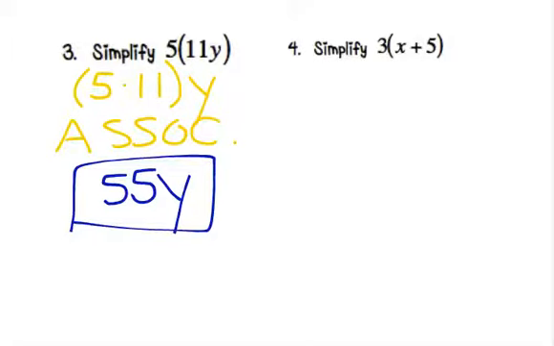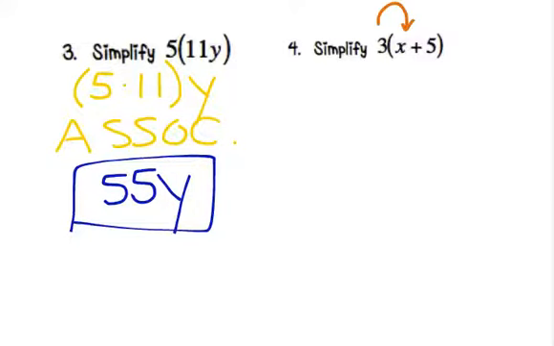Number 4. All right, now, this is the distributive property. So we have a 3, and we can't do x plus 5, those can't be added together. Because there's a plus in the middle of the parentheses, that is different from how we did number 3. So when you have a number outside the parentheses, you're going to do 3 times x.